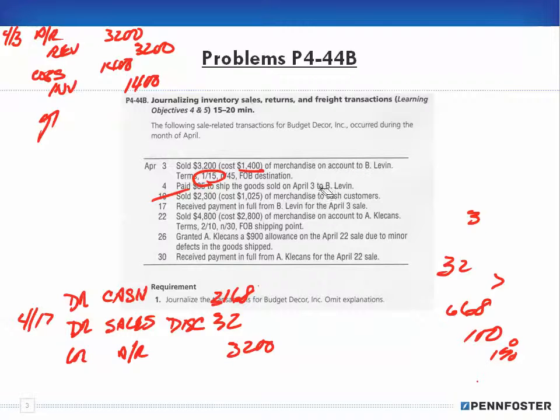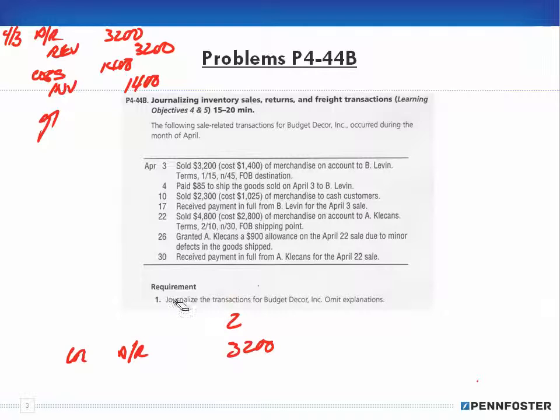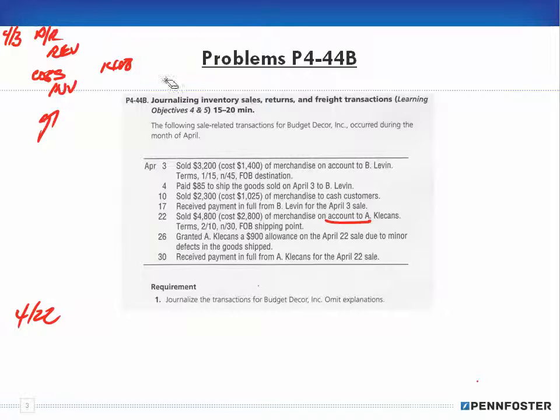All right, let's see here. On 4/22, we sold 4,800 of merchandise on account. Terms are 2% 10. So on 4/22, our entry is going to be basically the same as what we have up here.